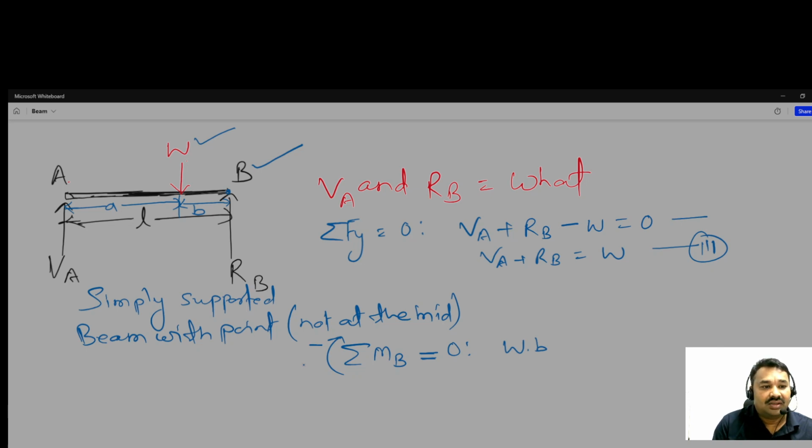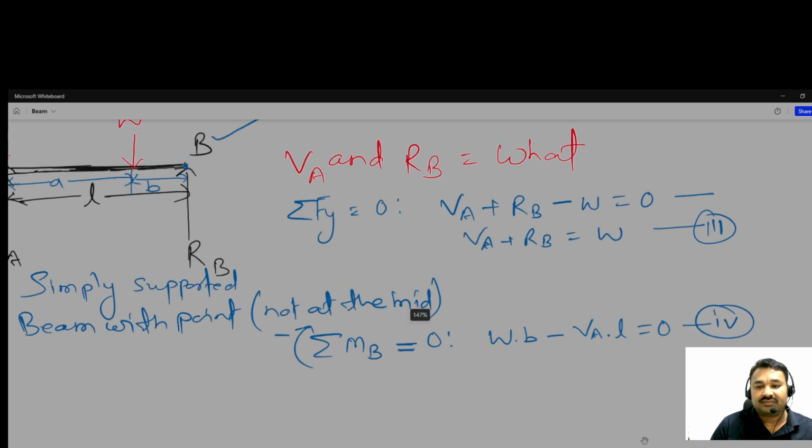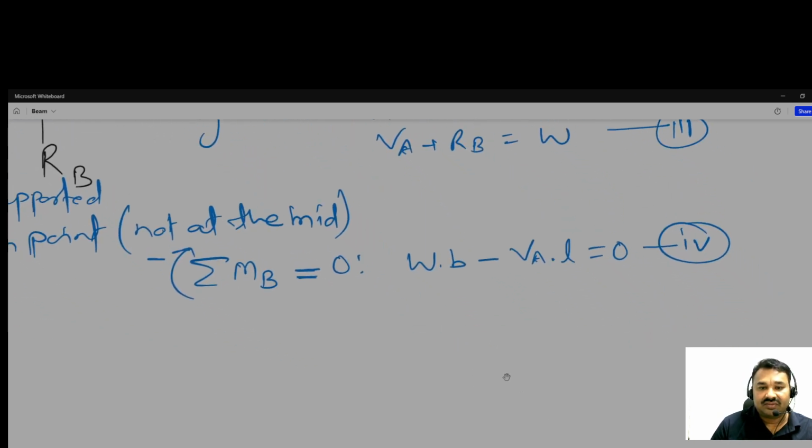VA will try to rotate the beam clockwise, that's why minus, multiplied by L, is equal to 0. This is the fourth equation. So what is unknown here? Our unknown is VA. So VA multiplied by L is equal to Wb, and VA is equal to Wb divided by L.